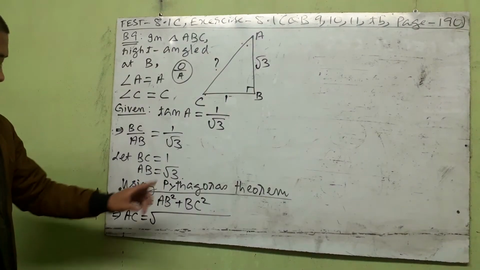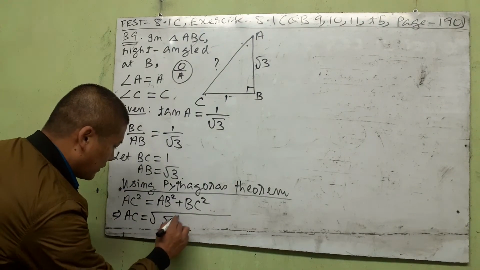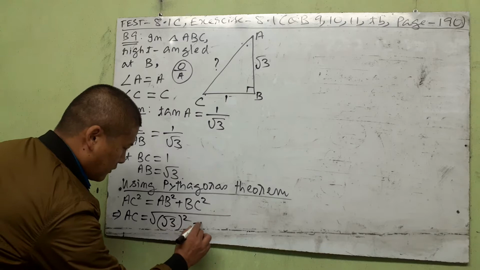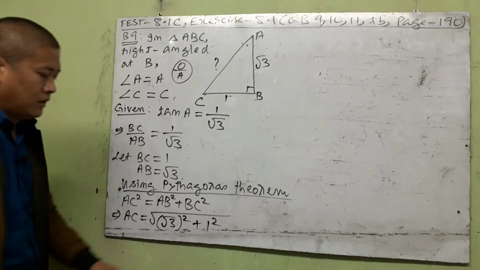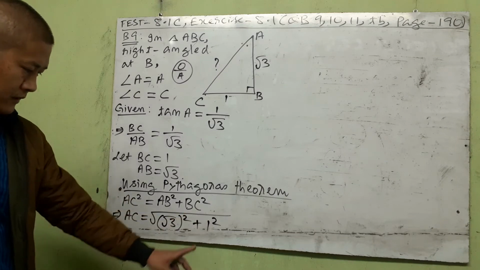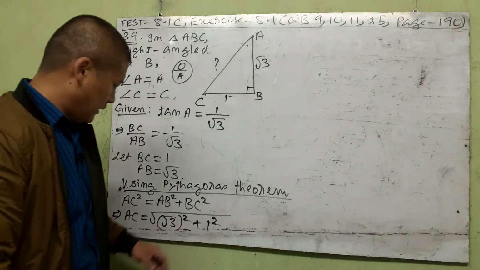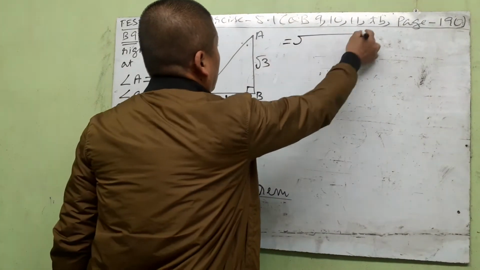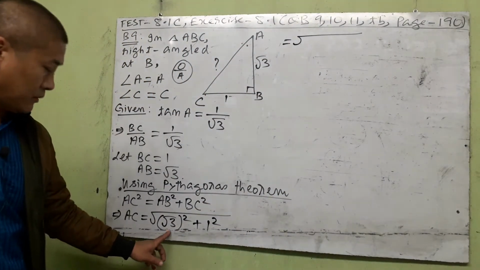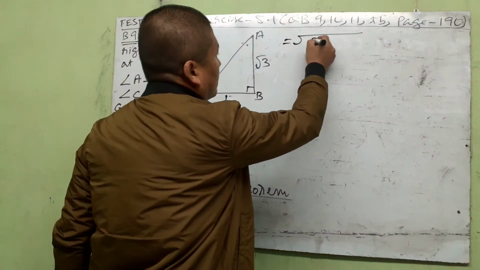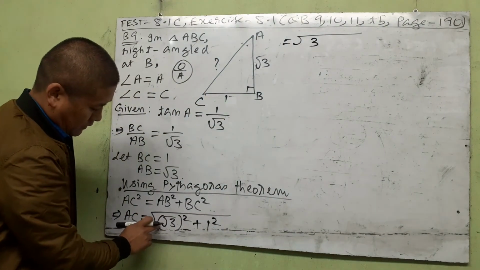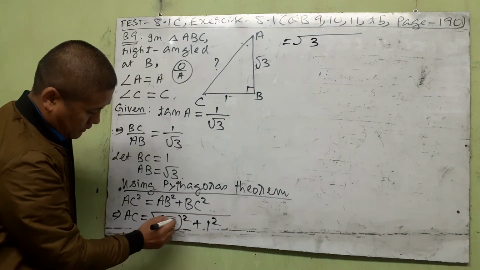So here AC, if you remove the square, then root will come. And AB, if you see here, is root 3. So you write there root 3. Bracket, you put it to avoid confusion. Plus BC is 1. Here we put bracket also, so it's fine. It's a single number, right? It's a clear number, not an irrational number like this. So root 3 square means we know the root will get cancelled, so no more root. Square and root cancelled.